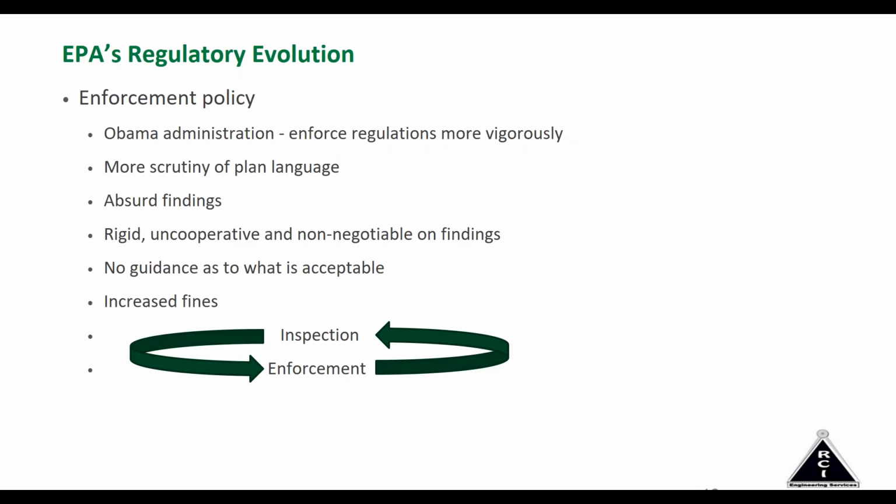Another thing is that the fines have increased over the past few years as well. And they play this nice little game where the inspector says, I'm only the eyes of the agency. I don't issue fines. That's enforcement. All I do is write up my report. And then you talk to enforcement people and they say, we only know what the inspector tells us.